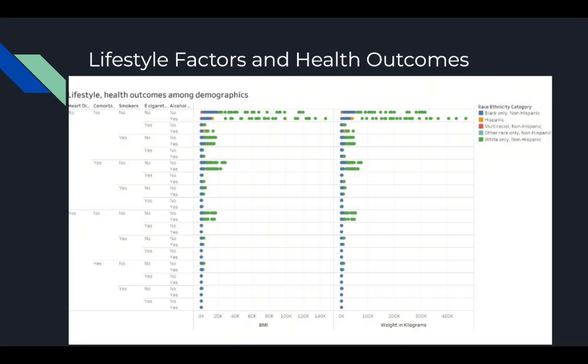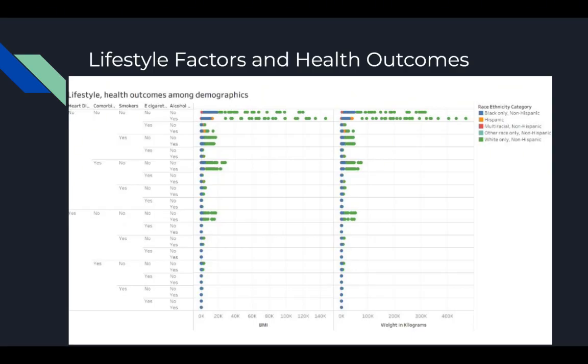And the correlations, the clusters of the dots at certain intervals along the BMI and weight scales, suggest that certain lifestyle habits might be more common in groups with specific BMI and weight ranges. The incidence of heart disease and comorbidities and correlations with smoking, e-cigarette use, and alcohol consumption can be analyzed to see if these lifestyle choices are risk factors for the listed health conditions.